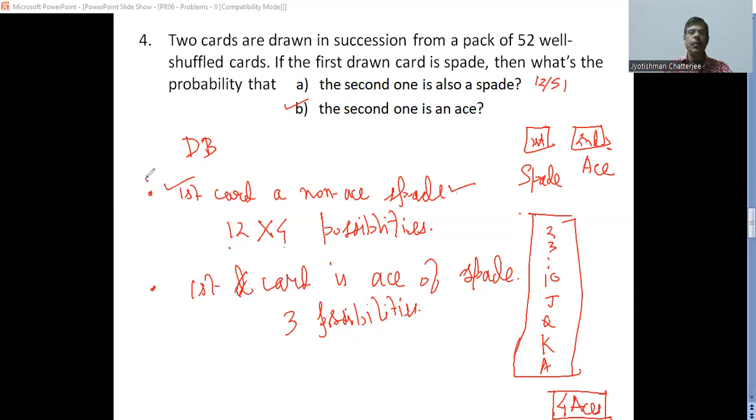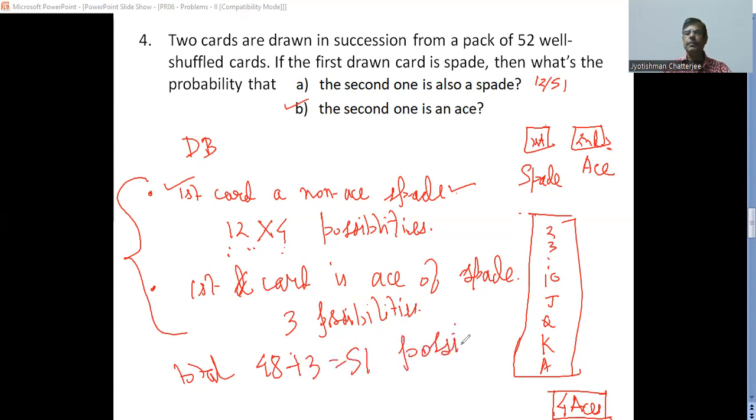That's why putting them together, total number of possibilities should be the addition of these 2. Total 48, because of 12 into 4, plus 3 equal to 51 possibilities. So DB, size of DB is equal to 51.